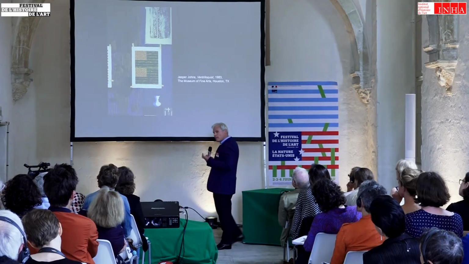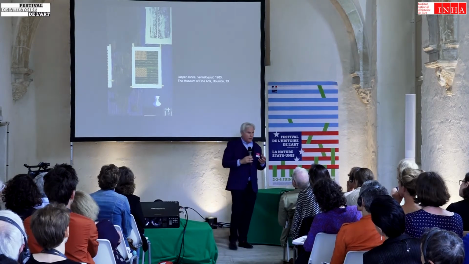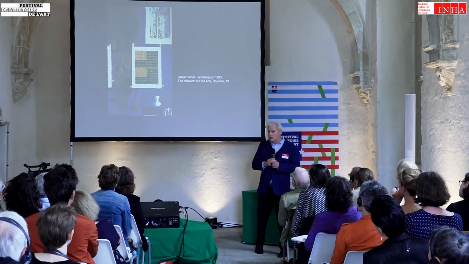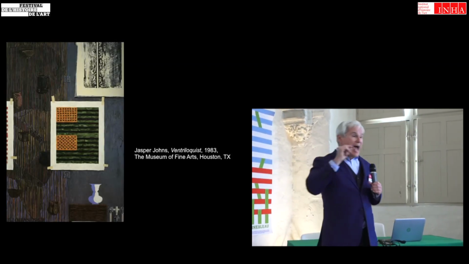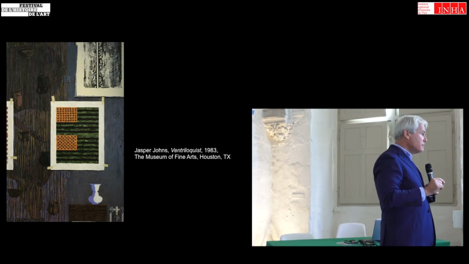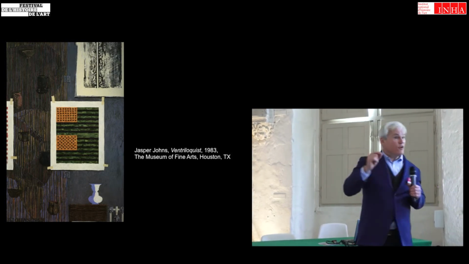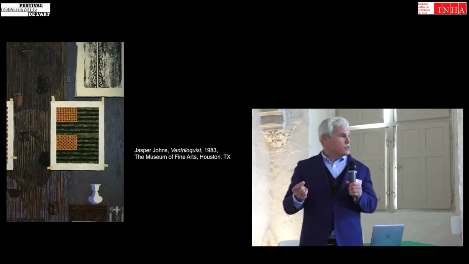But Johns always found a way to encode and address sexuality. And in this, he's looking at his own tendency to ventriloquize. He even calls the painting, of course, Ventriloquist.